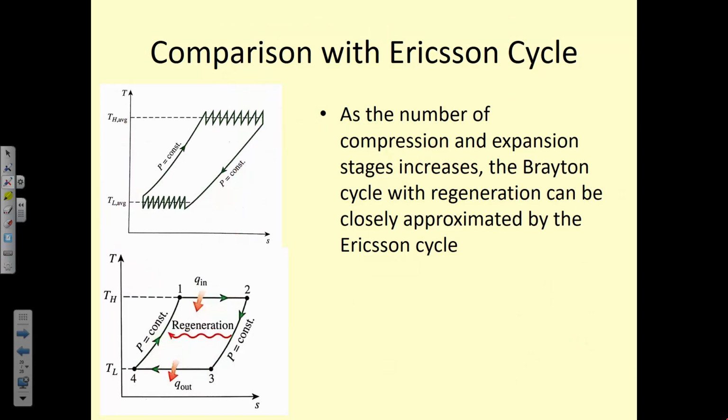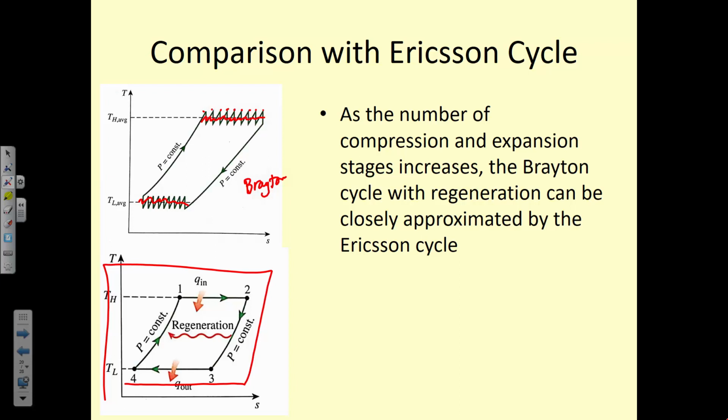Okay, so we can keep adding regeneration processes if we wanted, and these little sawtooths can get smaller and smaller, and you can see that it looks like the Ericsson cycle. So this is the Brayton cycle with 1, 2, 3, 4, 5, 6, 7, 8, 9 interheating and cooling processes.